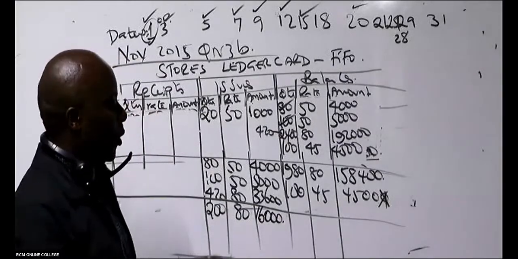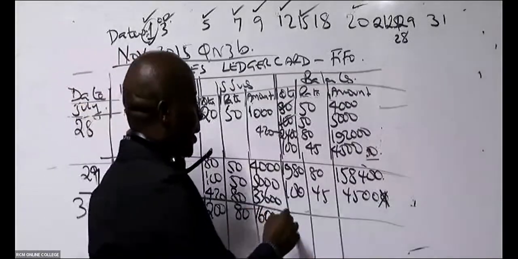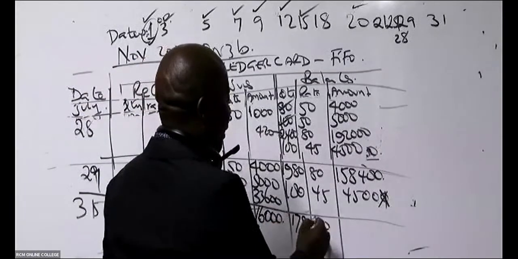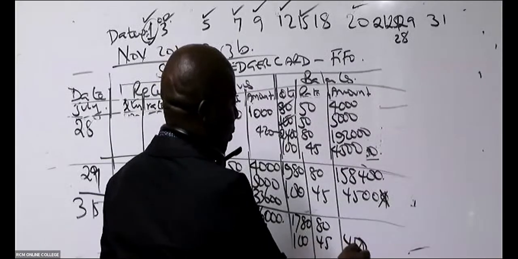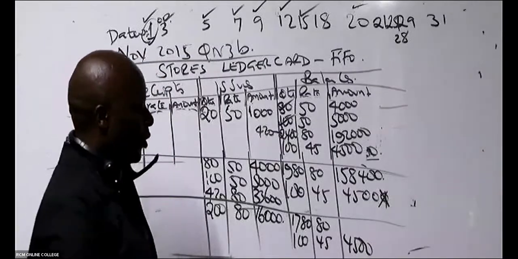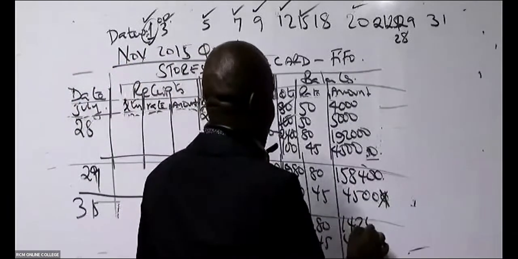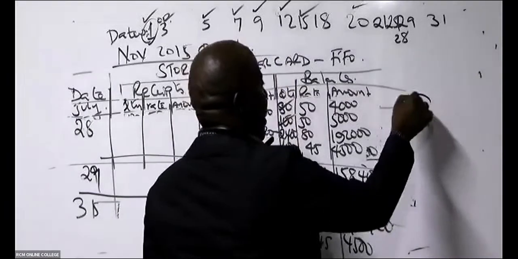Update. So 1,980 minus 200 gives me 1,780, at 80. Of course, this 100 at 45 will remain, isn't it? The last one will remain. What is 1,780 times 80? 142,400. Yeah, 142,400.